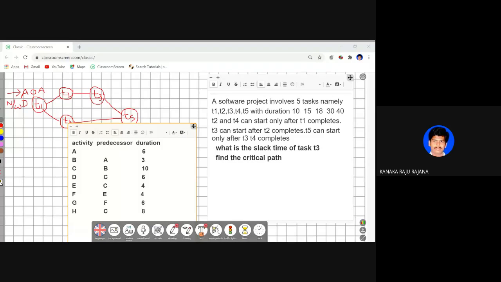In the next session, please come up with the solutions. Whether right or wrong, please try them. We shall see the corrections, and we shall start the next management technique, which is called PERT.